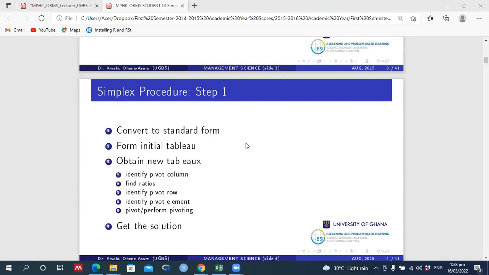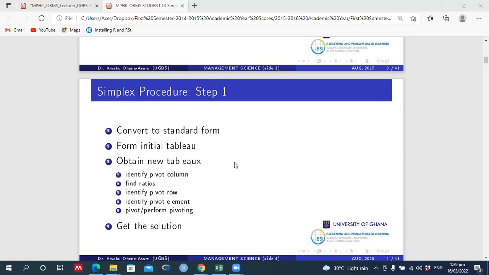The first thing you do in an exam, when you are given such a question that you should solve a particular problem using the simplex method procedure, is to convert the problem to the standard form. Please, we all know how to convert into the standard form, right?